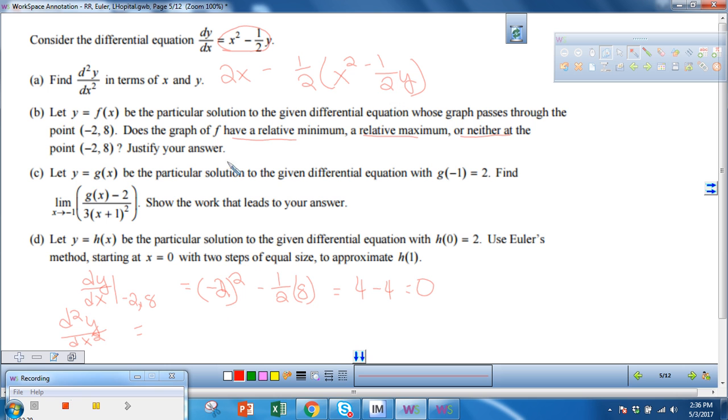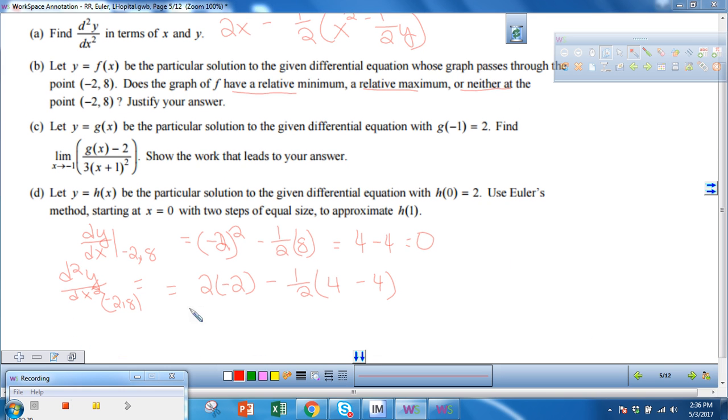Okay? So evaluating -2, 8 in the second derivative, I get 2 times negative 2 minus 1/2. Negative 2 squared is 4, minus 1/2 of 8, which is 4. So that gives me 0 again. So the second derivative is negative 4.